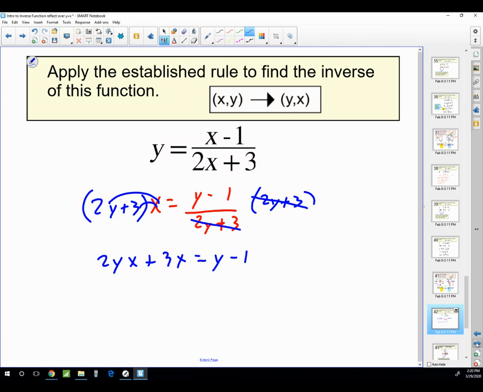Now we want to collect the y terms. I'm going to highlight the y terms green just because I'm so nice. Those terms have a y in it. So we want to get the green terms on one side and the non-green terms on the other side. So it's 2yx minus y equals negative 1 minus 3x.